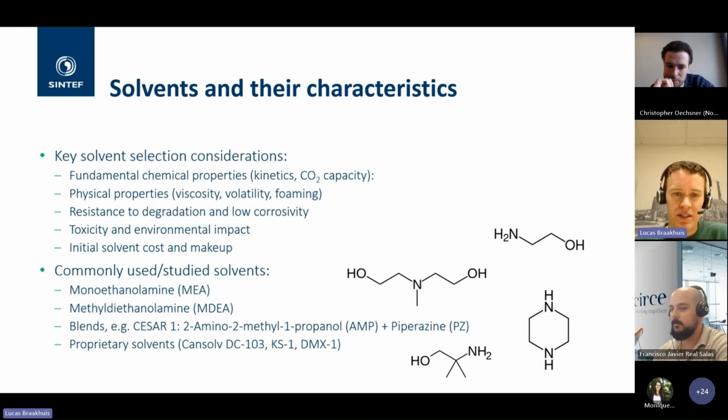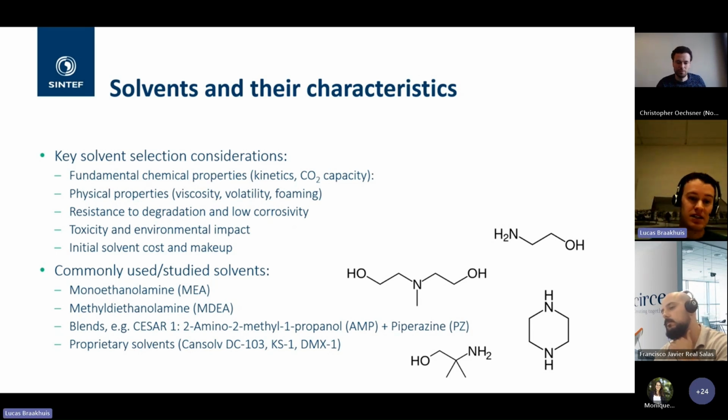Yeah, so the solvents are key for the technology, and their characteristics can really make or break the process. So some of the key solvent considerations are their fundamental chemical properties. You can think of reaction kinetics, the CO2 capacity, so how much CO2 can be stored.